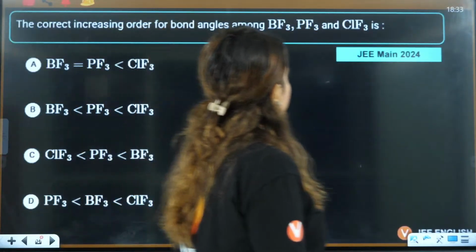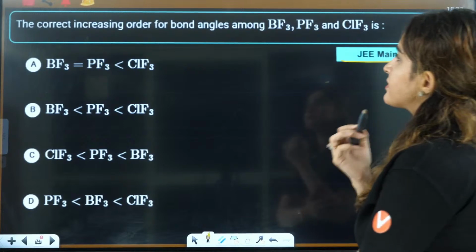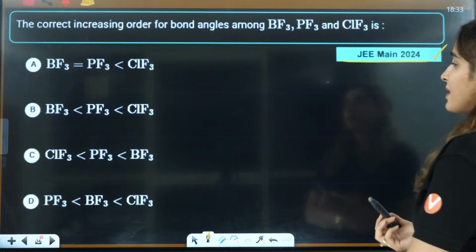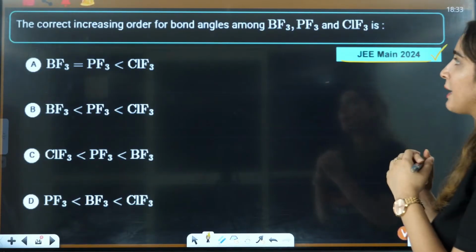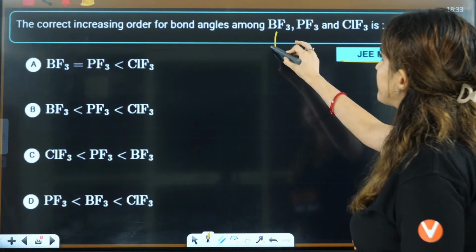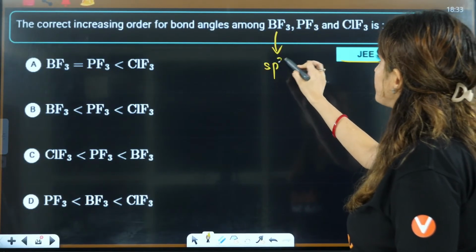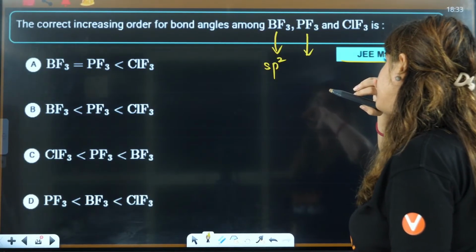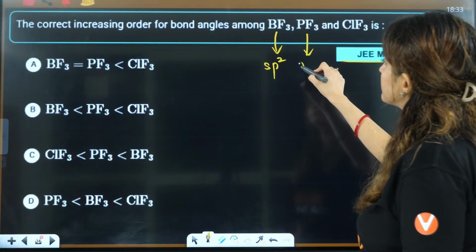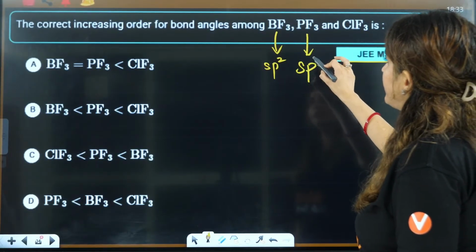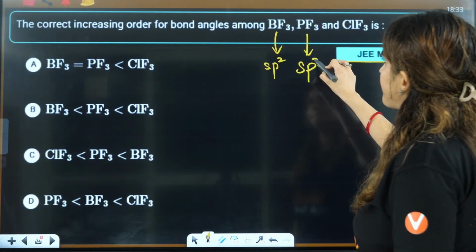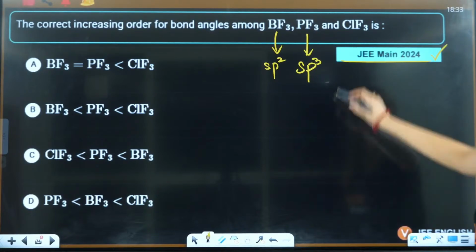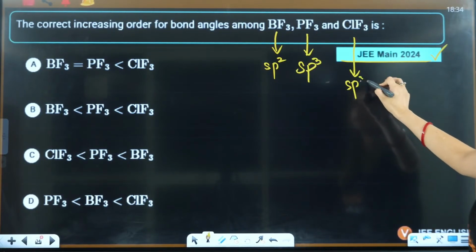Yes. So the next question is a JEE 2024 question that asks for the correct increasing order of bond angles. Bond angles are purely based on hybridization. BF3 will be sp2, PF3 will be sp3, and ClF3, chlorine will have two lone pairs, so it will be sp3d.